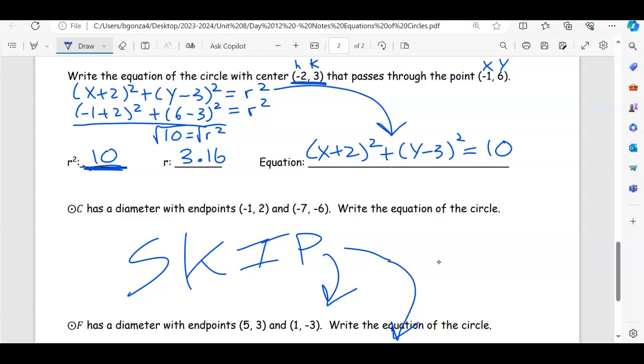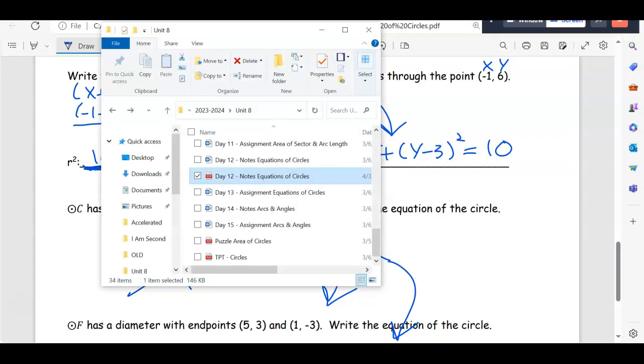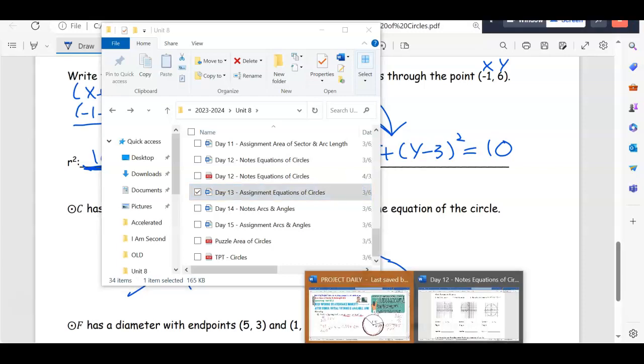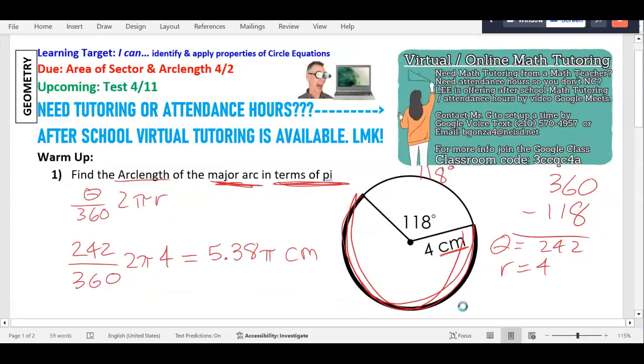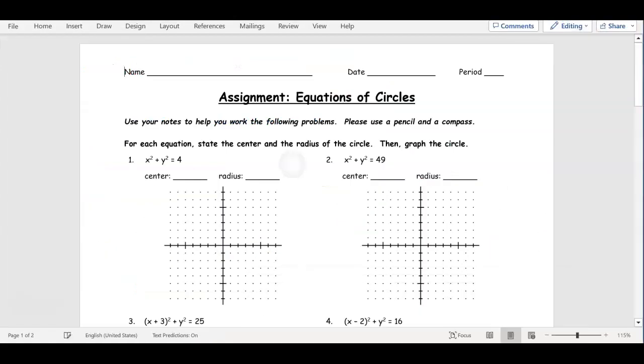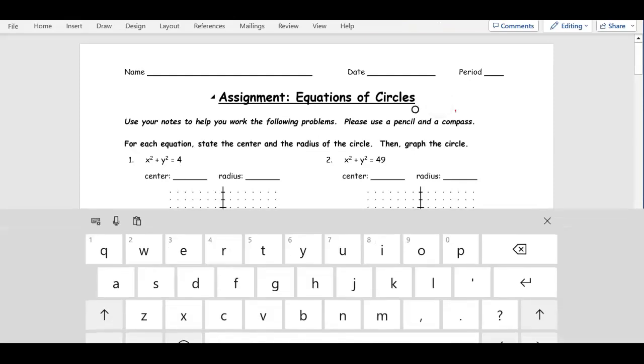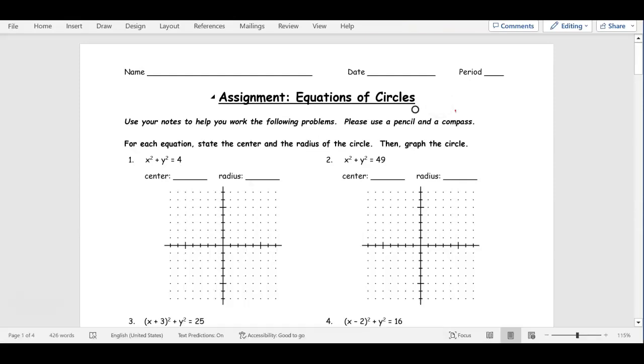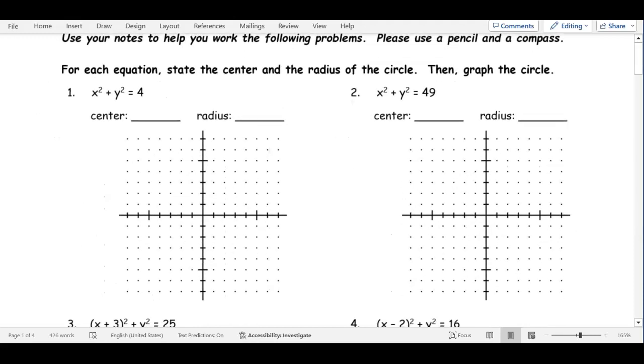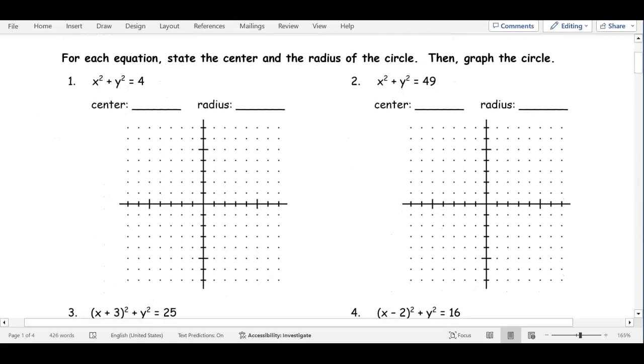Hey, check it out. Look at number one, please. Do y'all remember when there's no parentheses, what's the center? 0, 0, right?